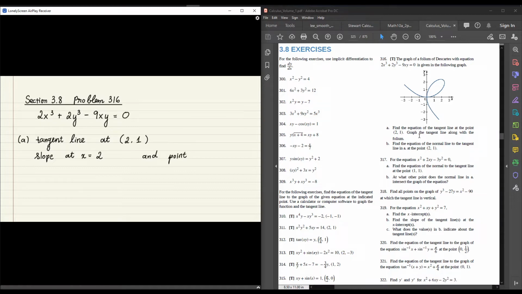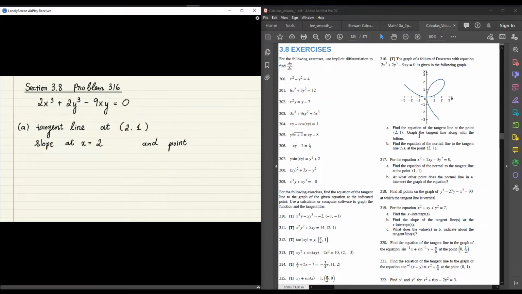Well, they already give us that the point (2, 1) is on the tangent line. So the only thing we need to find is the slope at x equals 2. That means that we have to find out what dy/dx is at x equals 2.